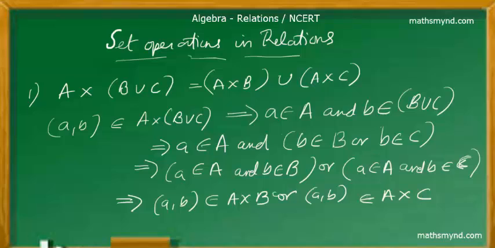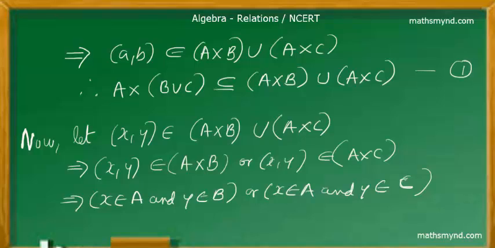So the ordered pair (a, b) is an element of A × B, or in the other case, the ordered pair (a, b) is an element of the Cartesian product of sets A and C, which brings us to the point that the ordered pair is an element of (A × B) ∪ (A × C). This simply means that A × (B ∪ C) is a subset of (A × B) ∪ (A × C), that is the Cartesian product of set A with set B union the Cartesian product of set A with set C.